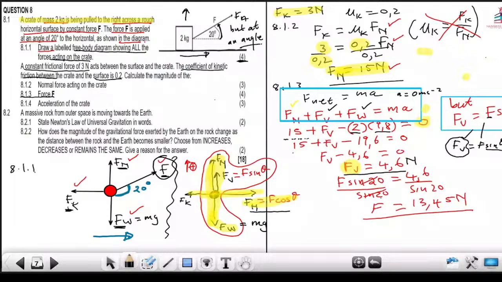So F sine of 20 is equal to 4.6. Divide both sides by sine of 20, and eventually you get your answer as 13.45. So this is an easy approach in terms of the application of Newton's law.